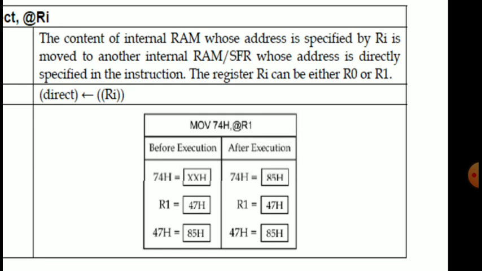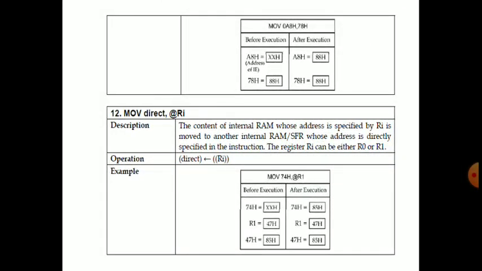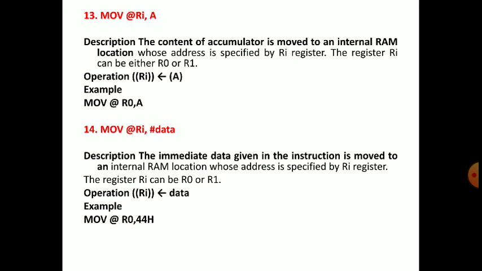Then after execution, the 47h which is pointed by R0 will have that 85h data. From the accumulator it is copied, and the accumulator will remain as 85h, and R0 will have the same 47h. So like that you can write in the exam with a good example.